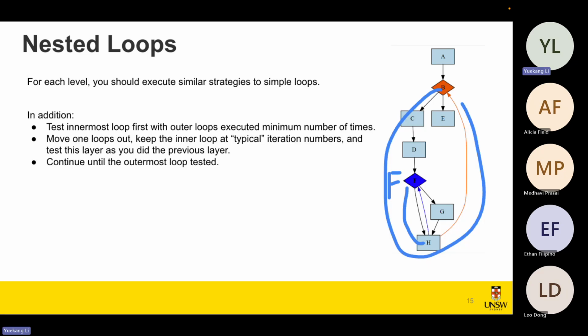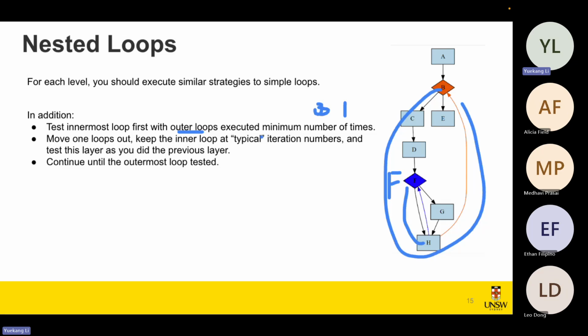So first, what we can do is test the innermost loop first, where the outer loop executes the minimum number of times. Which means that we fix the outer loop to execute maybe 0 times or maybe 1 time. Actually, it's at least 1 because we have to get inside the loop, right? But sometimes it's more complicated according to how the program is written.